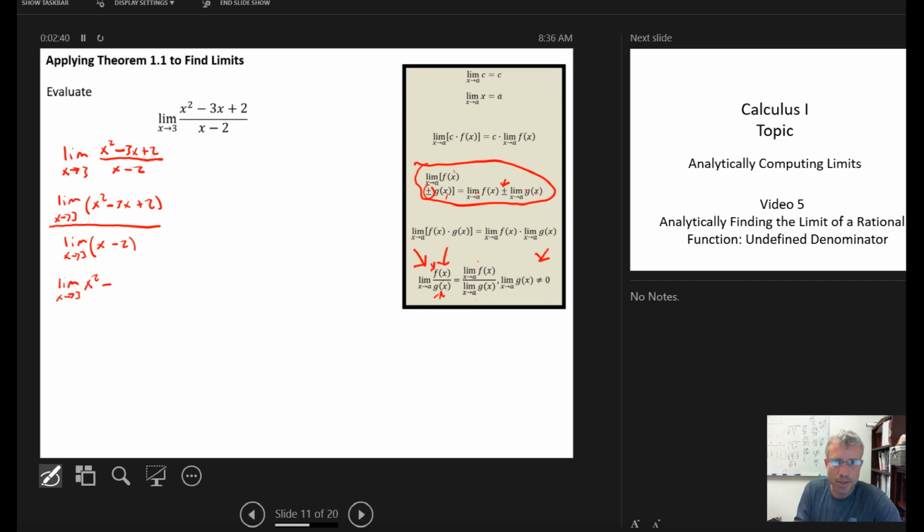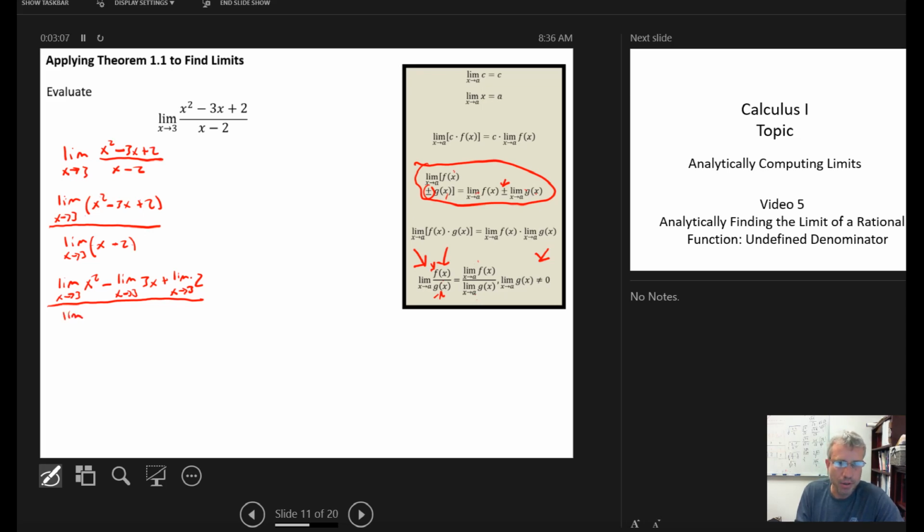minus, bring that minus down, the limit as x goes to 3 of 3x, plus, bring that plus down, the limit as x goes to 3 of 2, over, and I'm going to rewrite the denominator as the difference of the limits of the two functions, the x and the 2.